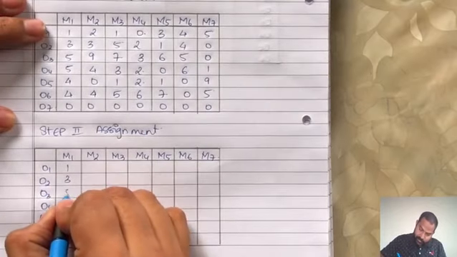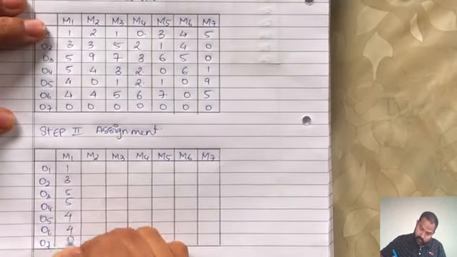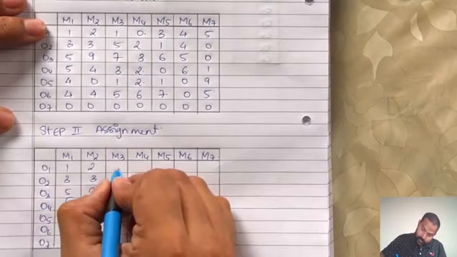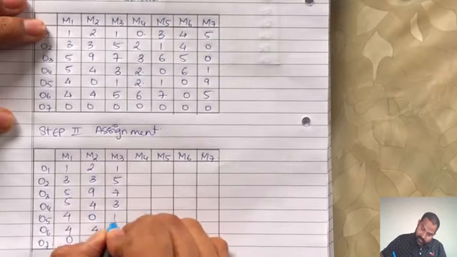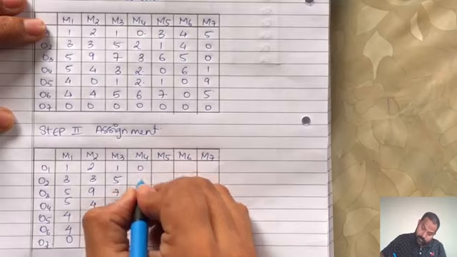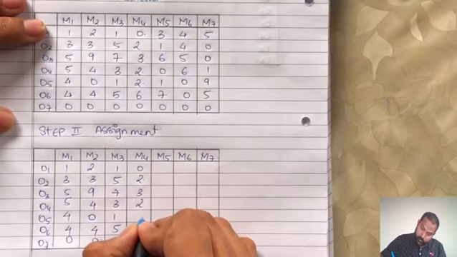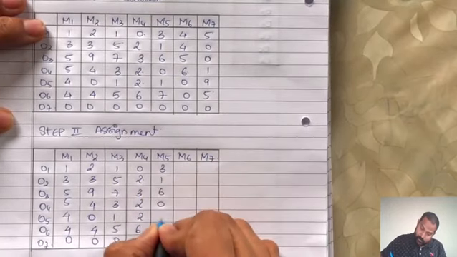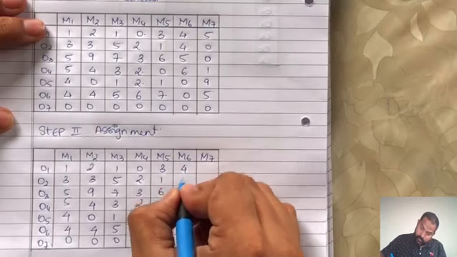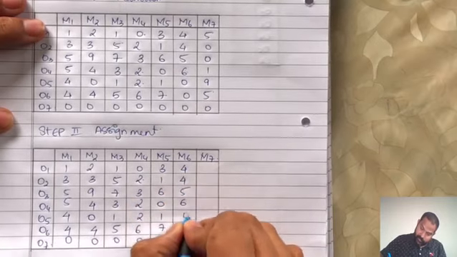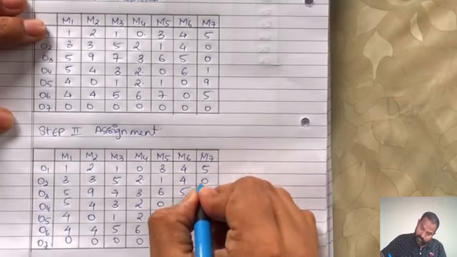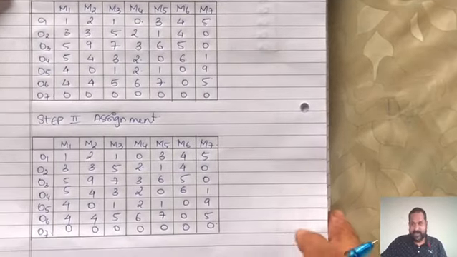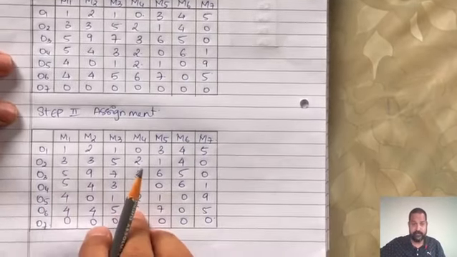Let me write that down then. Let's start assigning row wise.